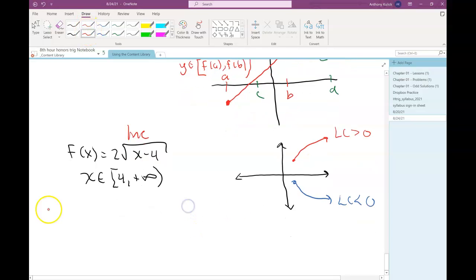So since this is increasing, the lower bound for the range is going to equal g of the lower bound from the domain, which in this case is 4. So I have 2 times the square root of 4 minus 4, which is just 0.